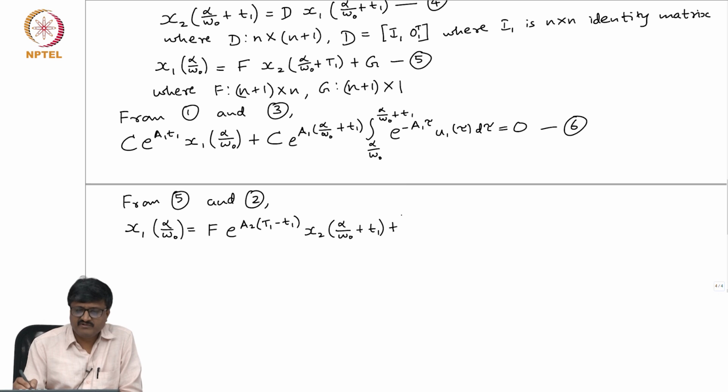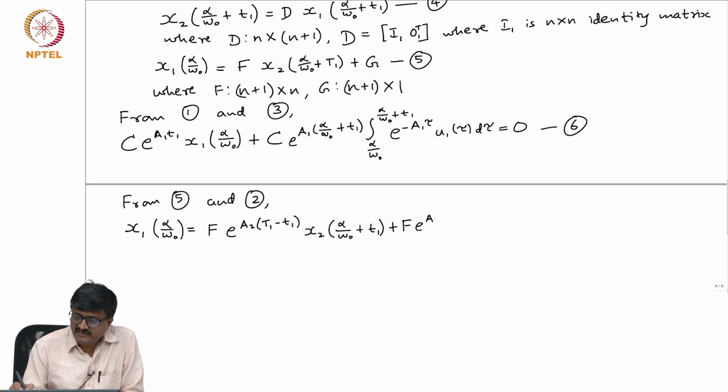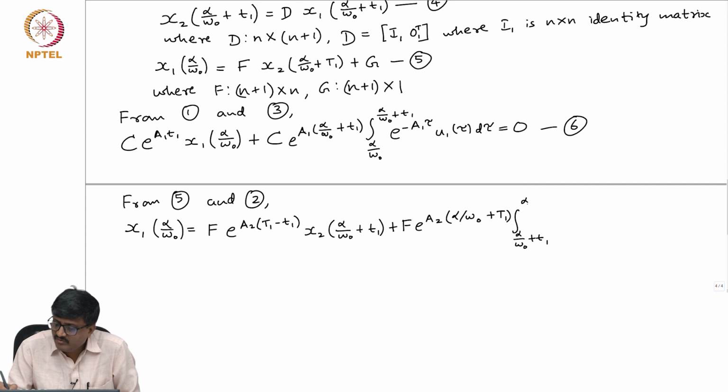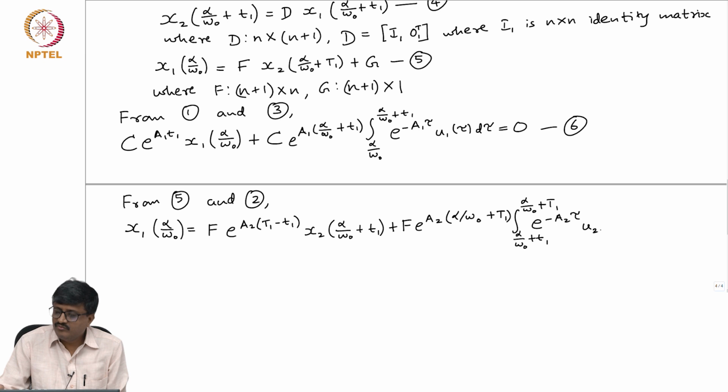plus there is one more term, F into exponential A2 at alpha by omega o plus t1 into integral alpha by omega o plus t1 to alpha by omega o plus T1, integral of exponential minus A2 tau U2 of tau d tau, plus what?